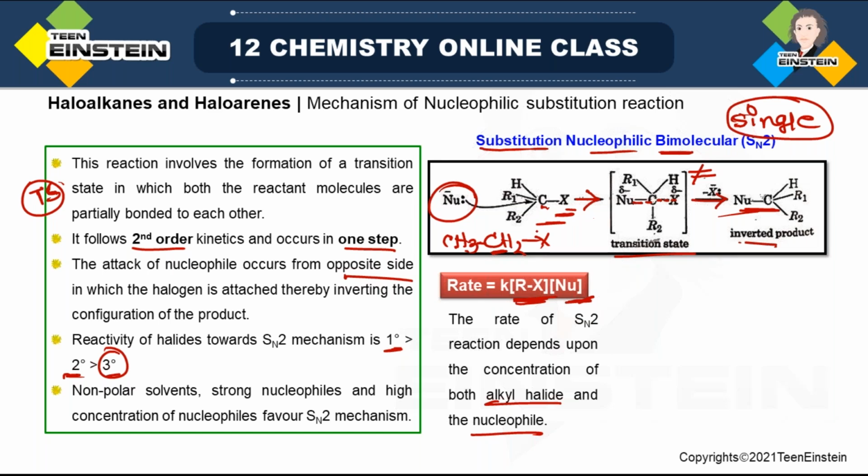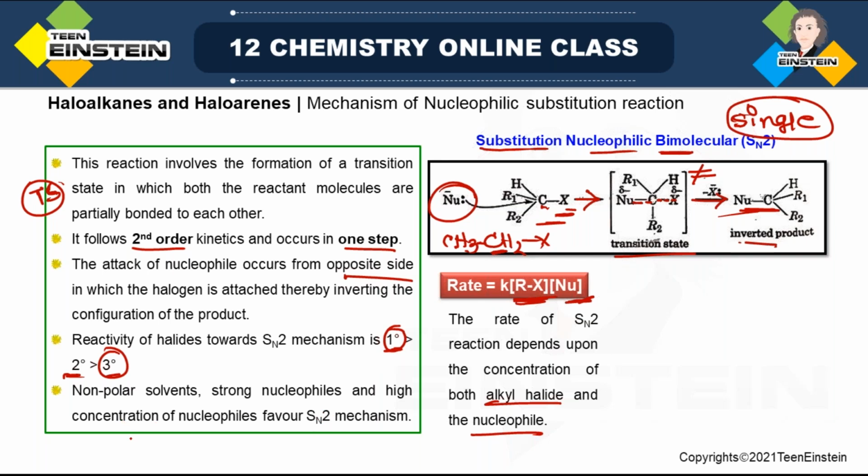But now that is not the case. Now carbon is attached to 4 groups, right? So that is why here you have to consider the steric hindrance point, and based on that 1 degree will give you a better result than 2 degree and 3 degree.